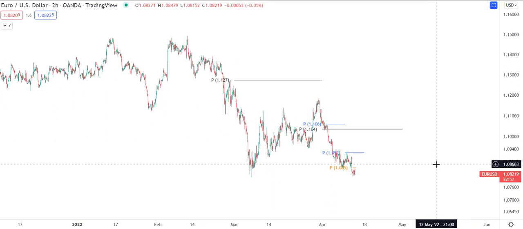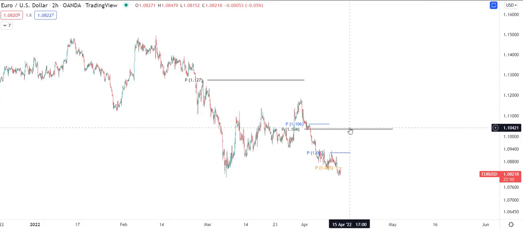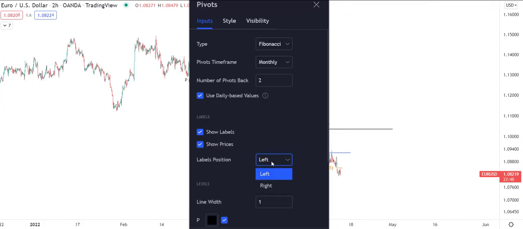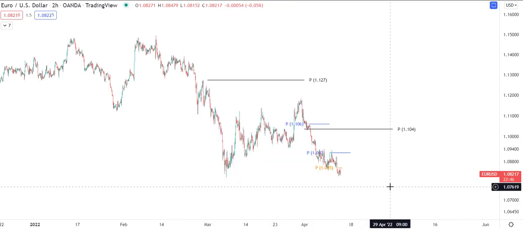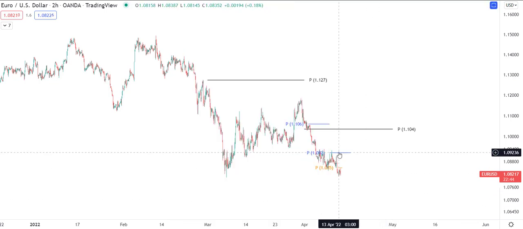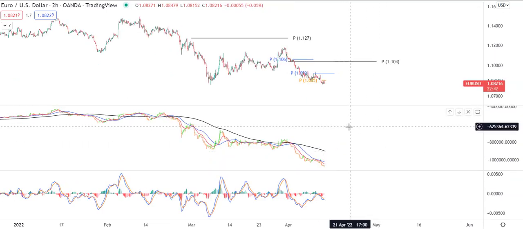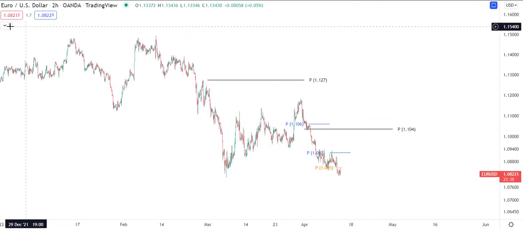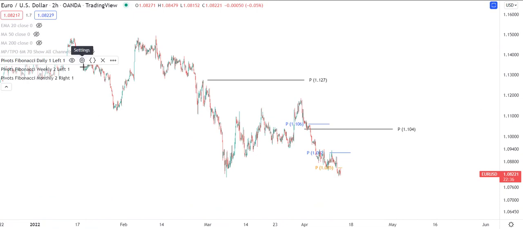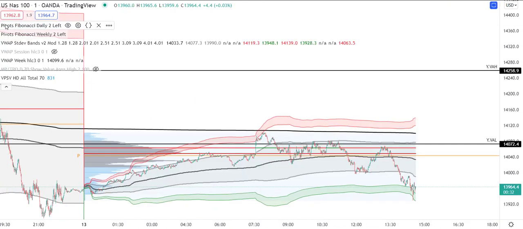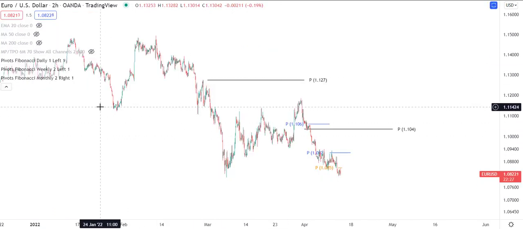and the pivot points to the left. Maybe we can put the label on the right. Let's put the label to the right. Wait, hold on a second, I need to check on something. Left, it's always on the left.